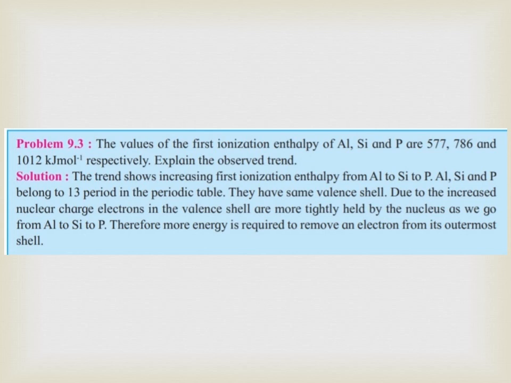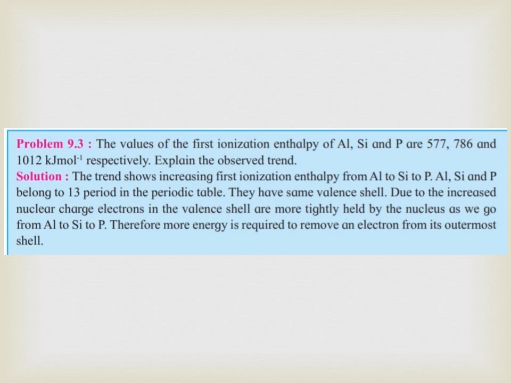We know that the size of aluminium is greater than that of silicon, and the size of silicon is greater than that of phosphorus. So if we compare all three, the size of aluminium will be the greatest and the size of phosphorus will be the lowest, and this is due to the effective nuclear charge.